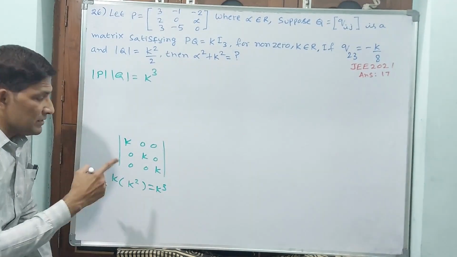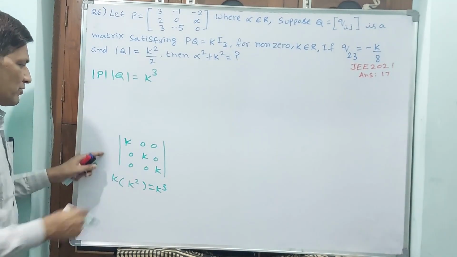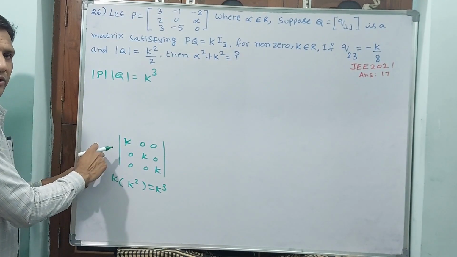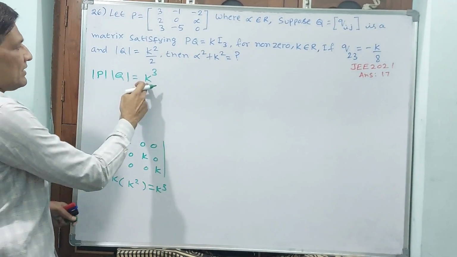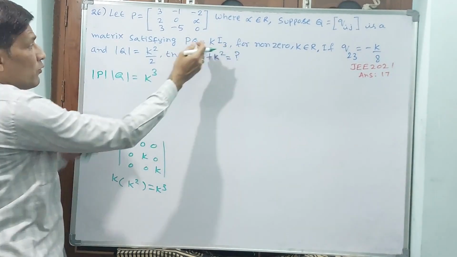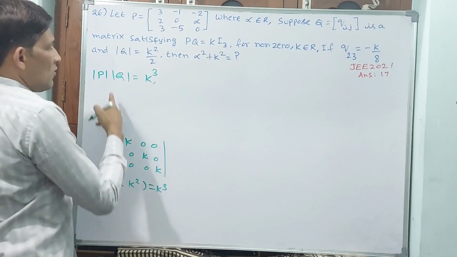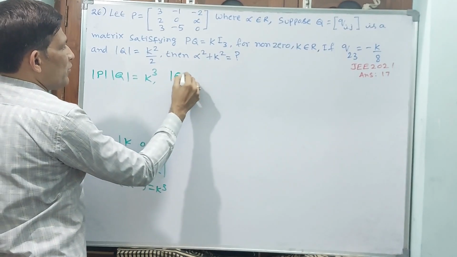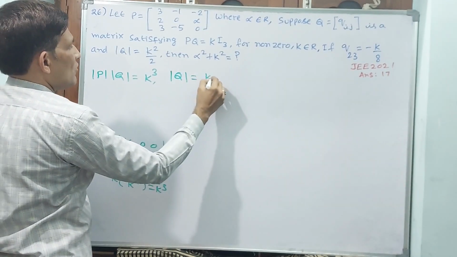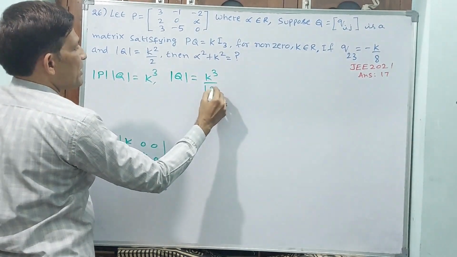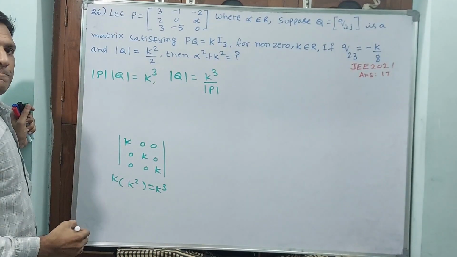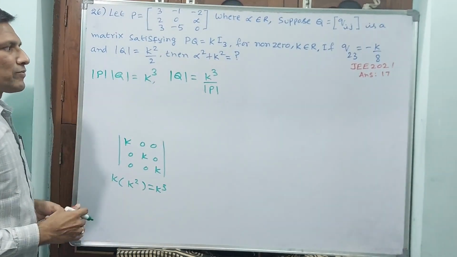Or else, in another way also you can take it: K you take common, K common, K common, K into K into K, K cube. That is why, if you make the determinant, then K cube it is going to become. Now, what is determinant Q then? K cube by determinant P. Or else, determinant P inverse into K cube.